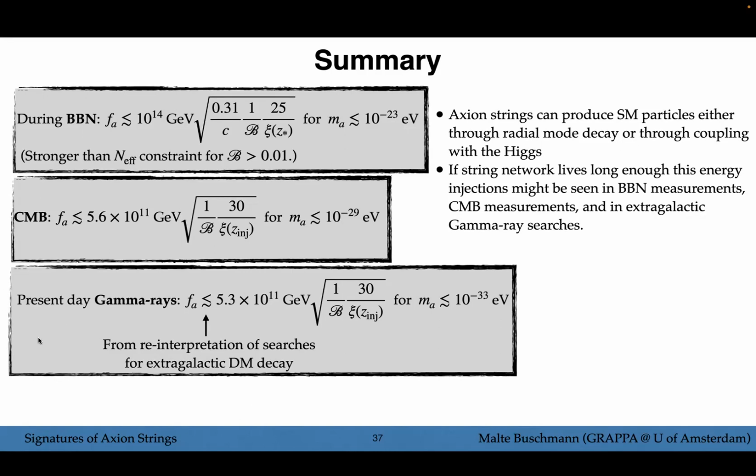Last question from Sebastian. Hi Malte. One question. Did you also consider spectral distortions, from FIRAS and COBE? Or does that not play a role? We have not. Generically speaking, whenever you have energy injection, you might get them, depending of course on the value of f_a and so on.